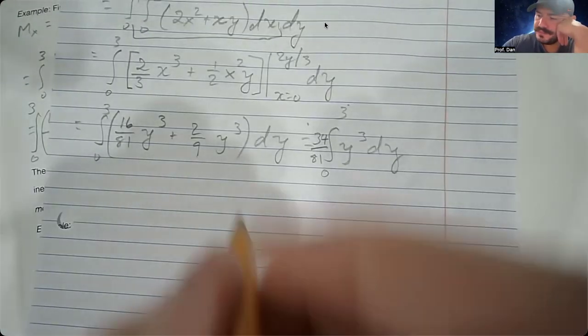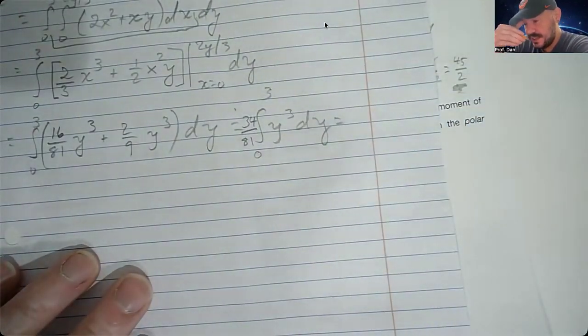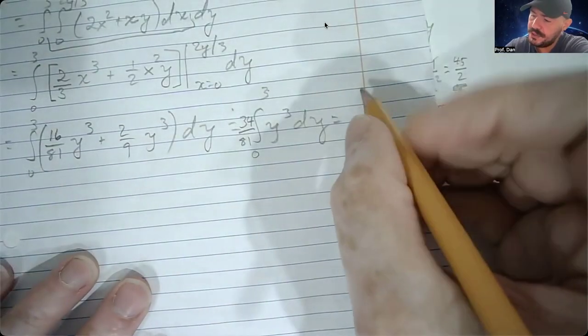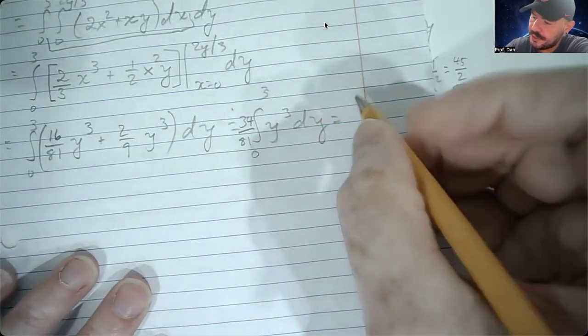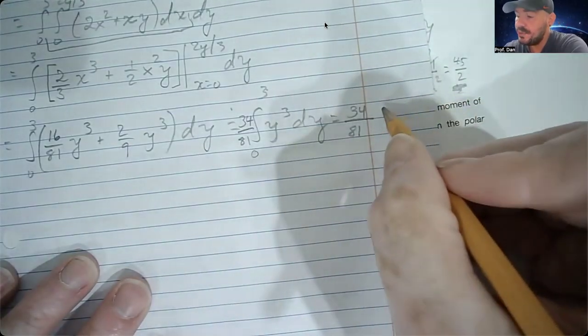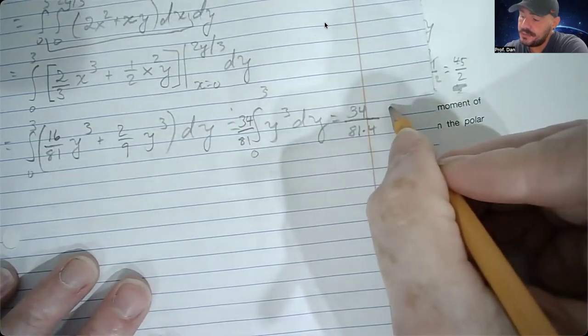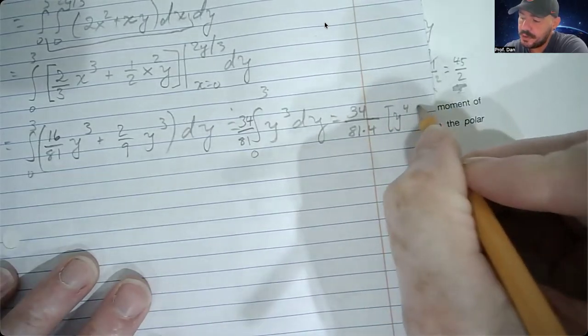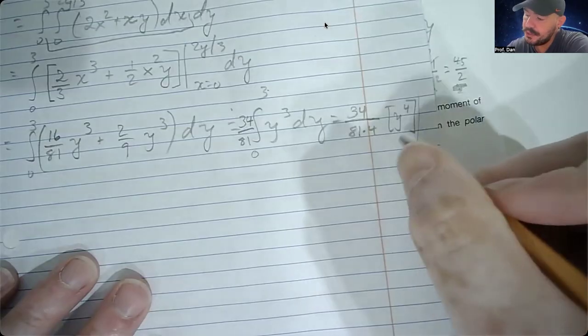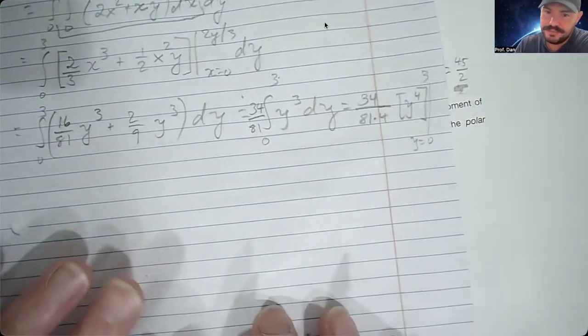Now, if I were to take the antiderivative of y cubed, we know that we get y to the fourth. So we'll have this guy over here. We get y to the fourth over 4. Again, I can take the over 4 out front as well, so that I'm only evaluating y to the 4. And we're still going to evaluate from y equals 0 to y equals 3.